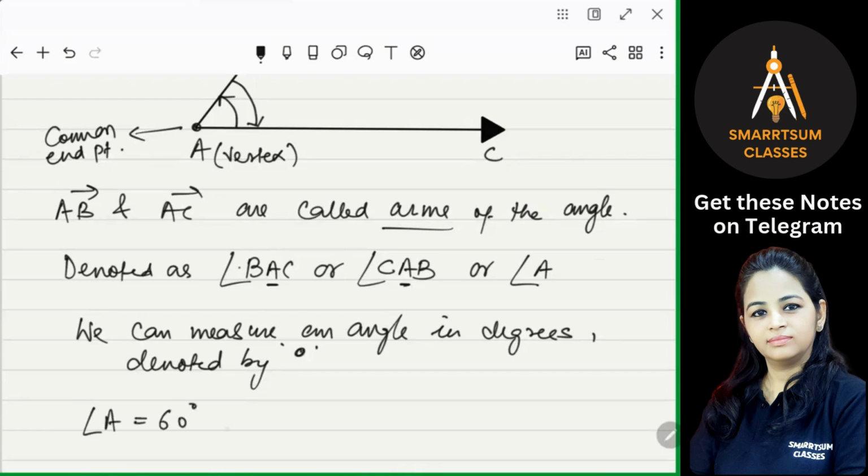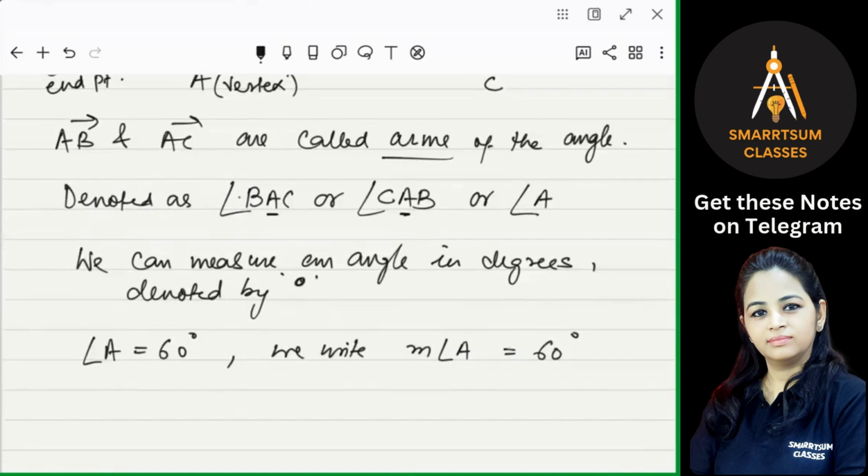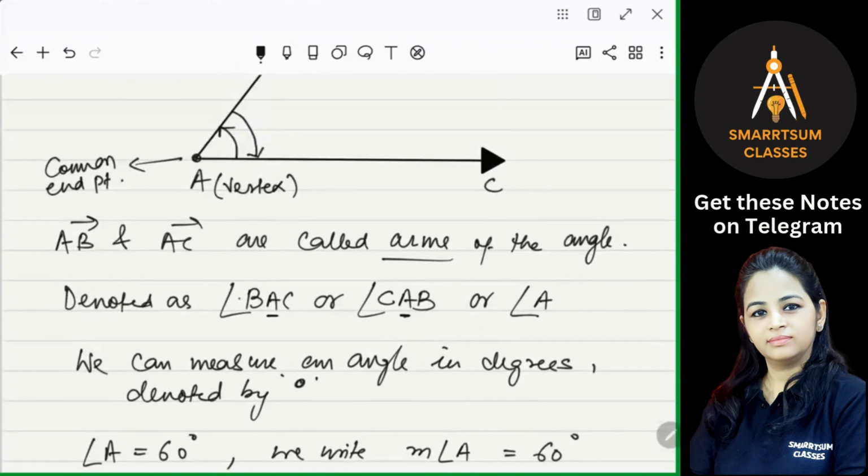And we can also write it as measurement of angle A, m angle A. M angle A means the measurement of angle A is 60 degrees. M stands here for measurement. So m angle A is equal to 60 degrees means the measurement of angle A is 60 degrees. Is that clear to you? Yes or no?